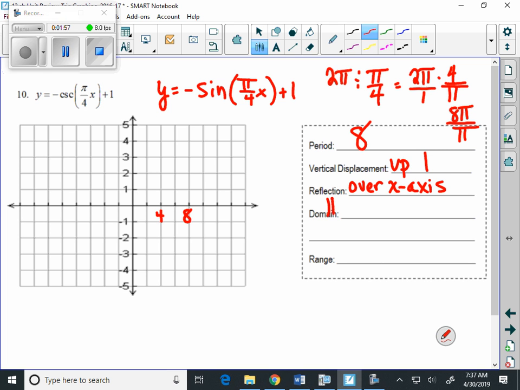With respect to the domain, it's going to be for all reals such that x doesn't equal something times n, where n is, and then we're going to fill that in. And we'll look at our range momentarily.